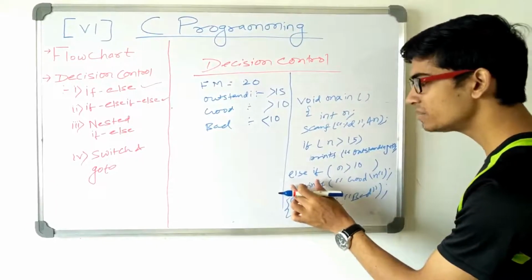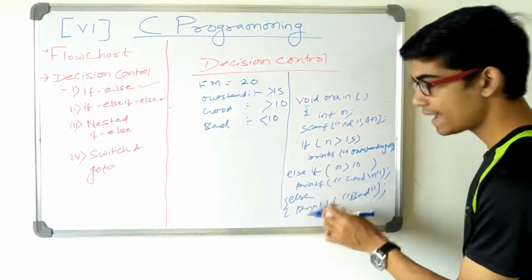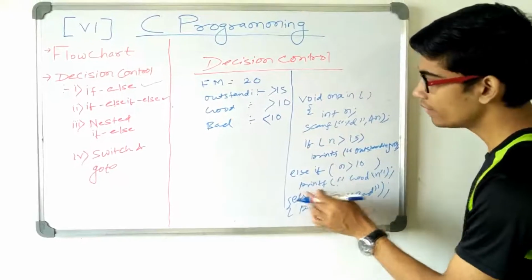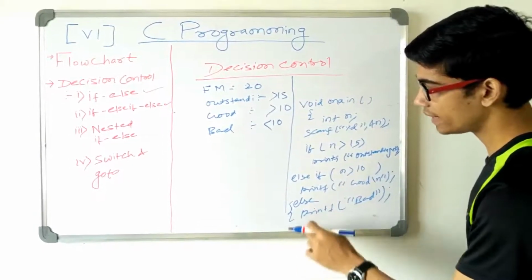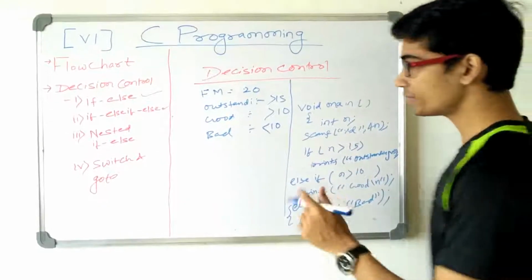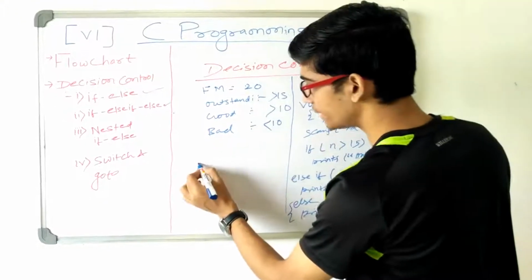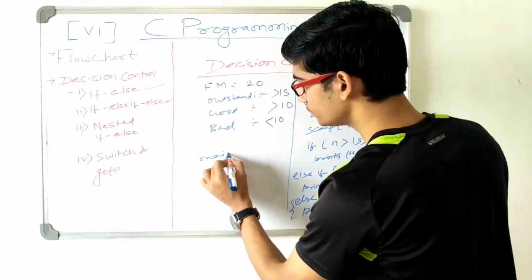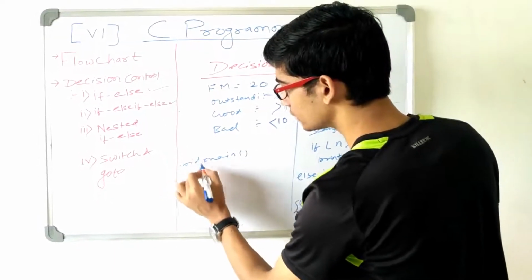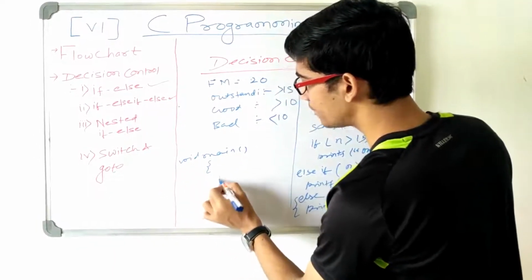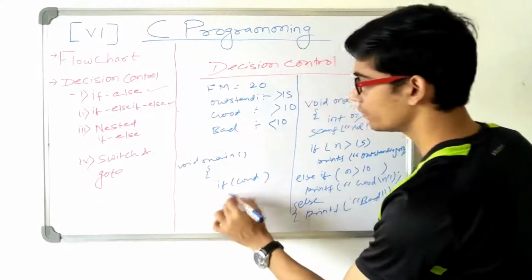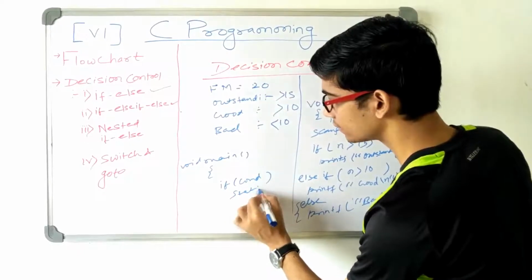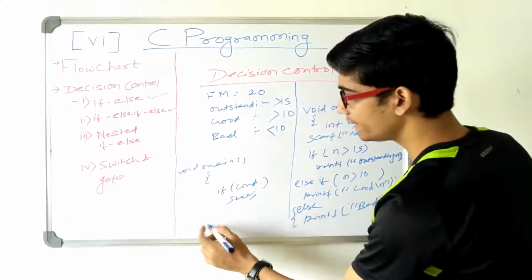We can put as many else if as we want and as the program requires. So again we can put an else if here, again an else if here, and an else. And one more important point to note: suppose I write an if statement inside main, with some condition and some statement, and we do not provide any else statement.